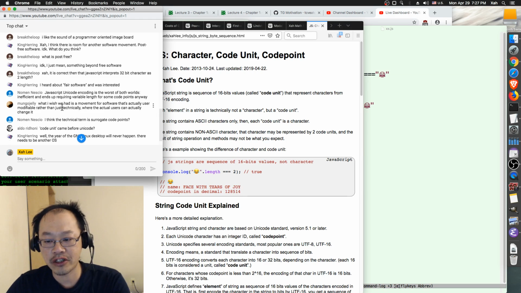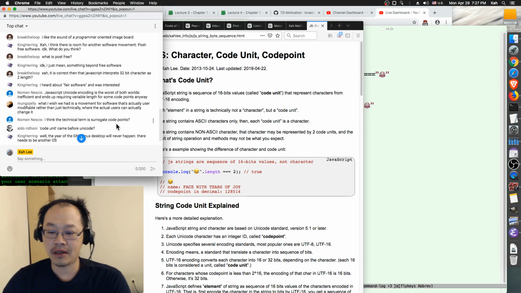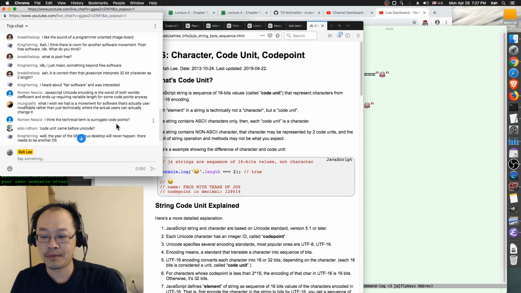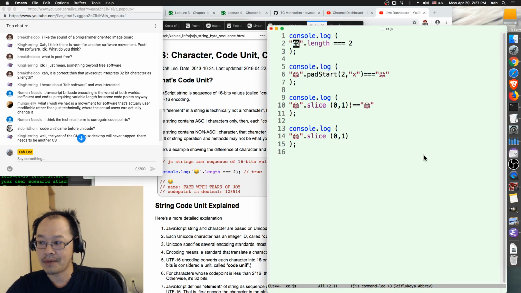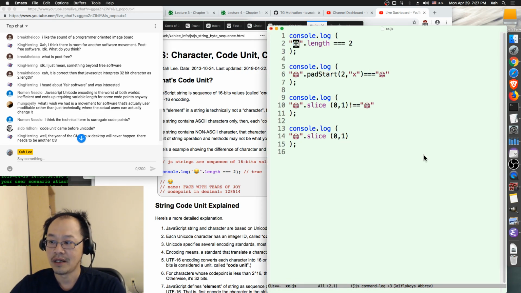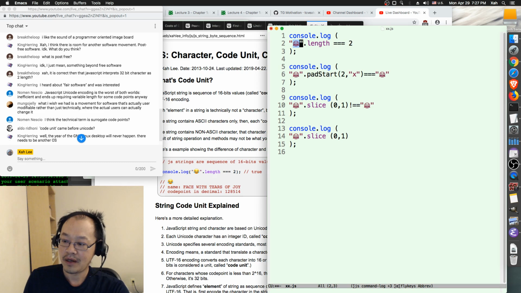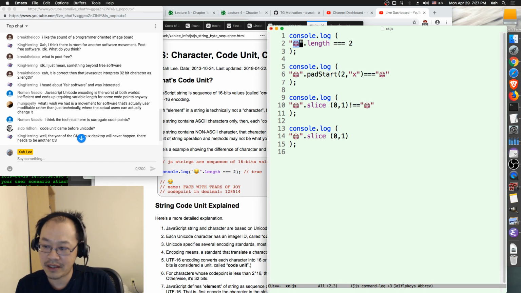Okay, let me answer the question about surrogate pairs. Norman asked about surrogate pairs. Now in Unicode there's a concept of surrogate pairs. So what does that mean? Remember we talked about how in UTF-16 encoding, some characters will have 32 bits, 32 ones and zeros.